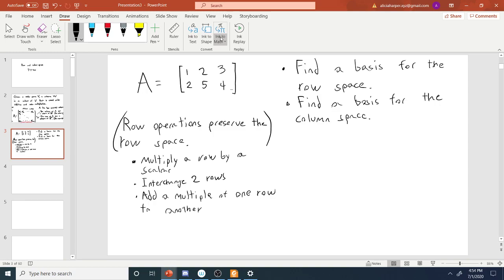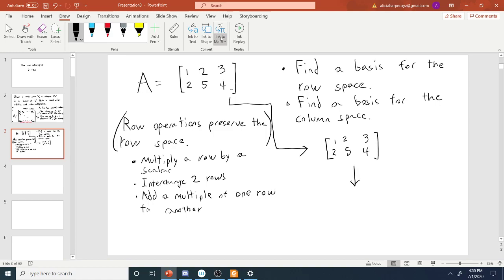So one thing we can do if we want to find a nice basis of the row space is we can perform Gauss-Jordan row reduction. So let's take our matrix A and let's find a nice basis of the row space. Well, we write down our matrix, 1, 2, 3, 2, 5, 4.